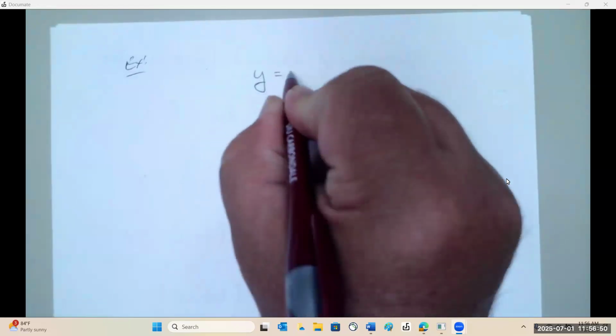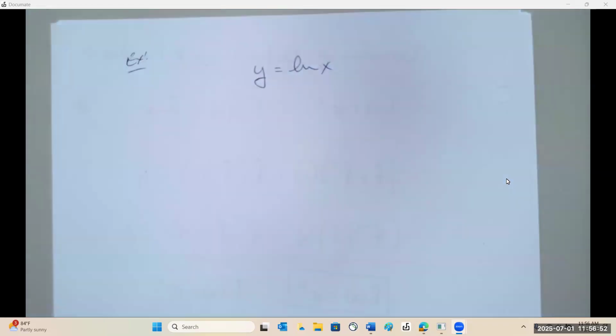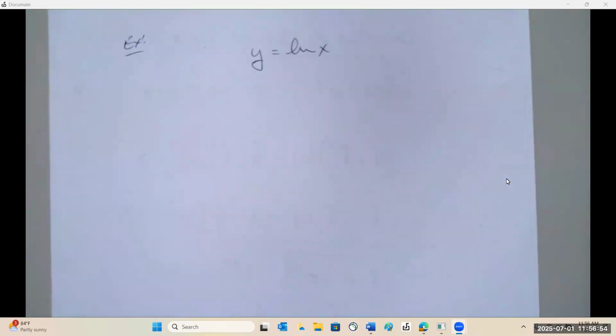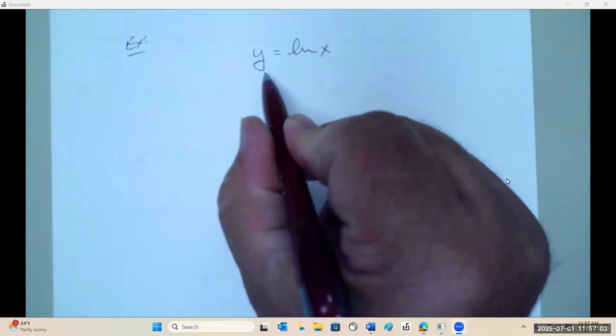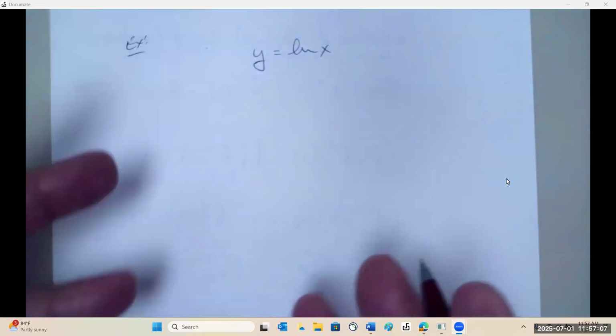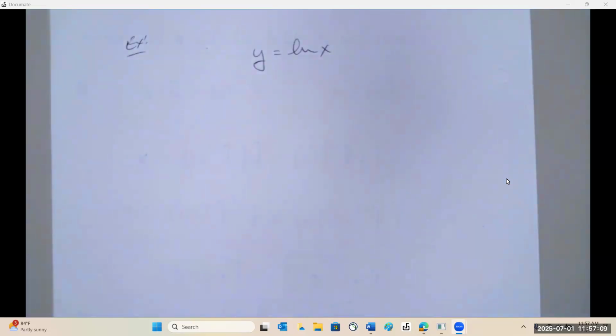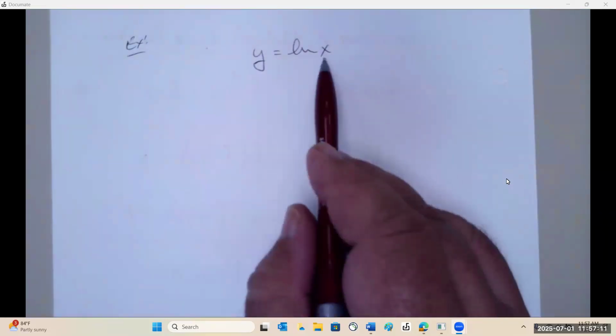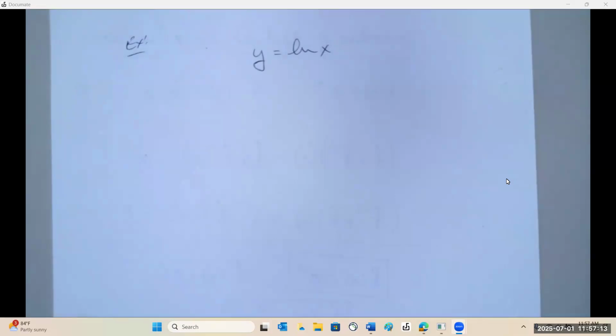If y equals ln x, let's find the first derivative. We can't just take the derivative, because then we know what the answer is already. But what would you do here first? Try to get x by itself.